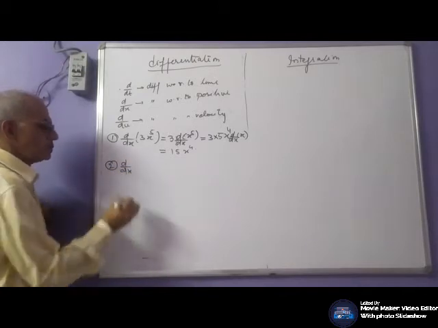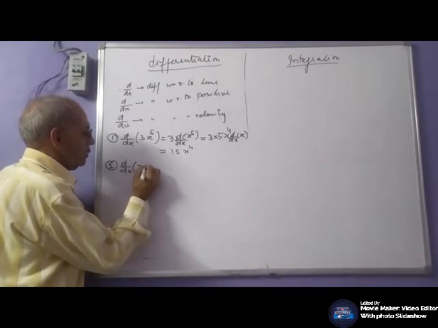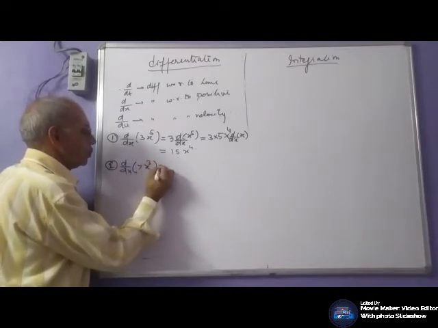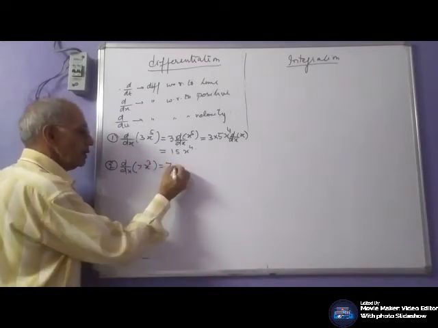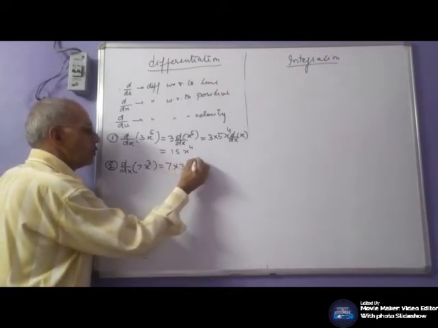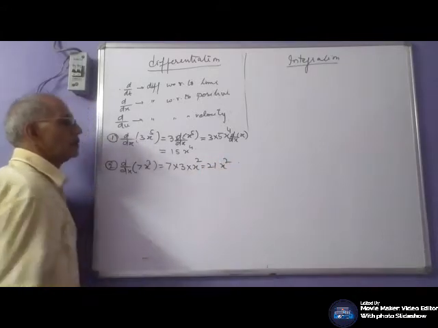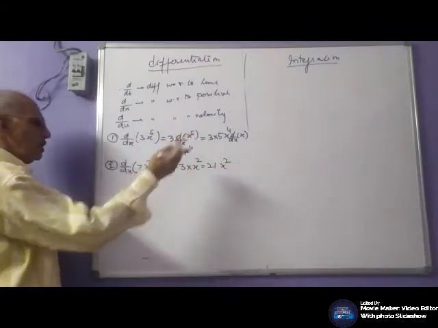d by dx of 7x cube: 7 outside, take the power to the side, subtract 1 from the power, then dx by dx.